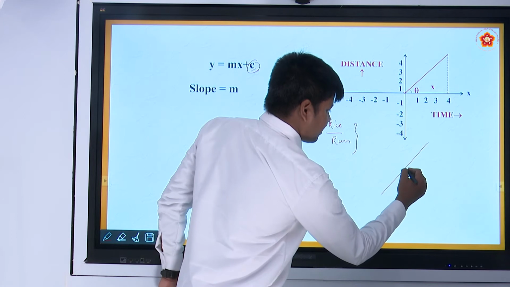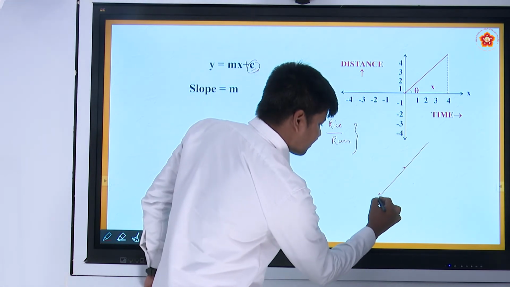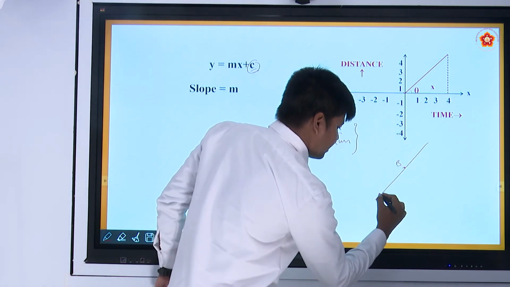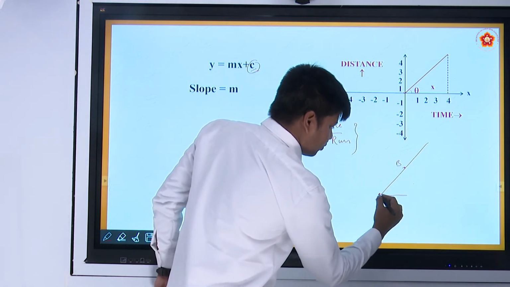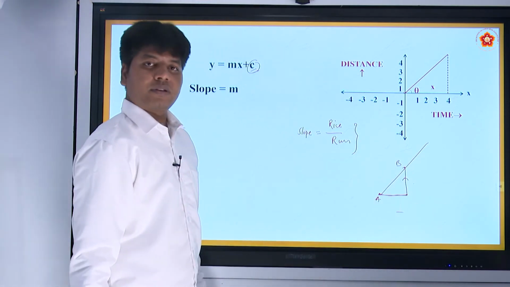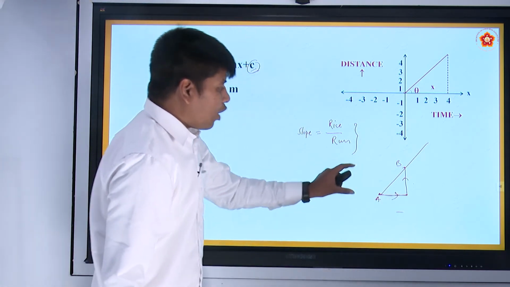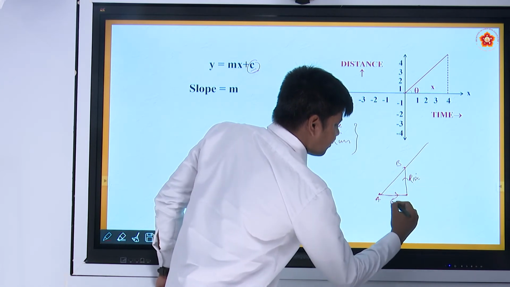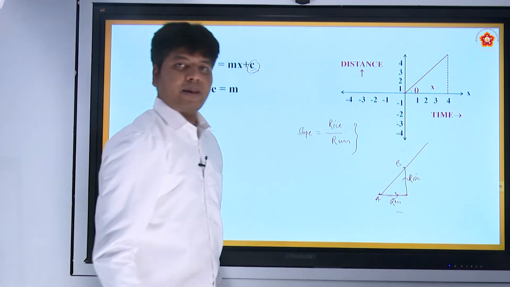If you started from here, point A, and went here, what does that mean? It is equivalent to saying that you went forward some distance, went forward in time, and you have climbed. So this is equivalent to this, right? That means how much rise you are making. This is the rise with respect to run. With respect to this much run, how much rise you are making.